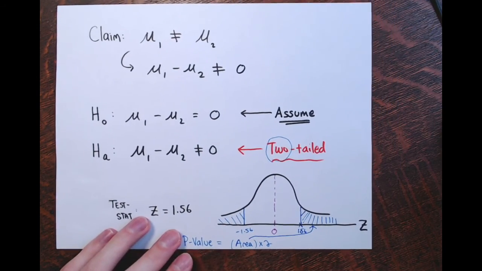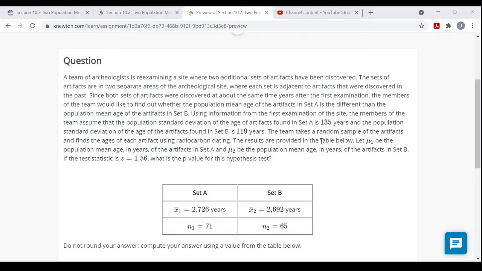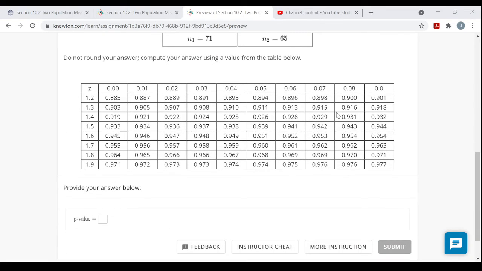All right, so now we're asked to use that z-score table to find this area. So let me show you that. Remember, the numbers in the z-score tables tell you the area to the left of the z-score. My test statistic was 1.56, so I'm going to this row with 1.5, and then this column with 0.06.